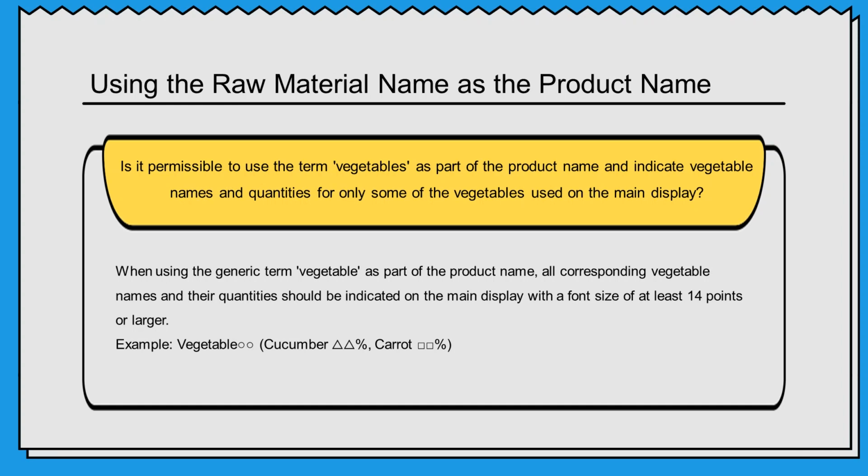This is about using the raw material name as the product name. When using the generic term vegetable as part of the product name, all corresponding vegetable names and their quantities should be indicated on the main display with a font size of at least 14 points or larger.